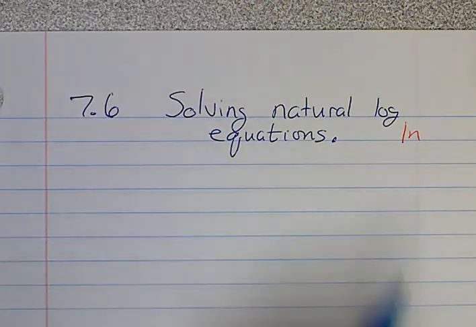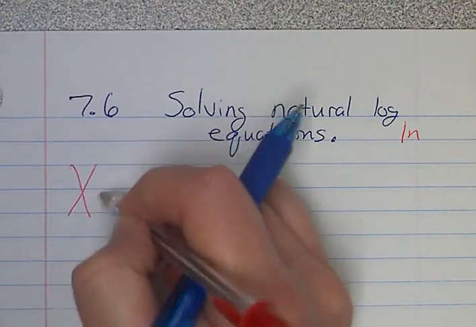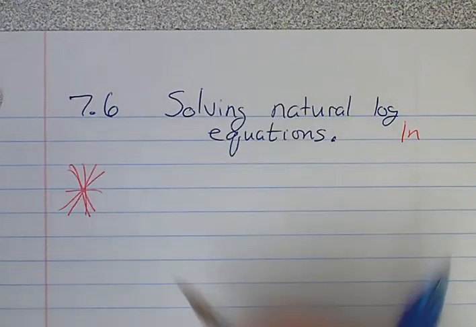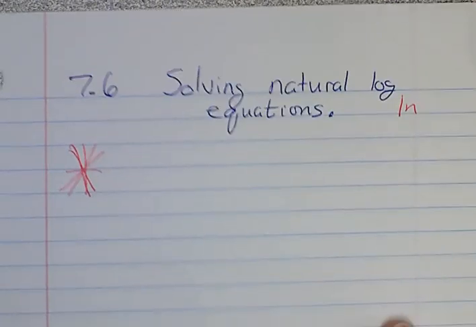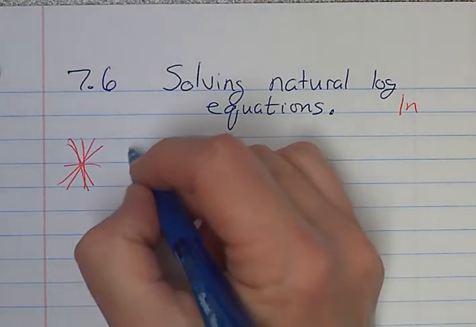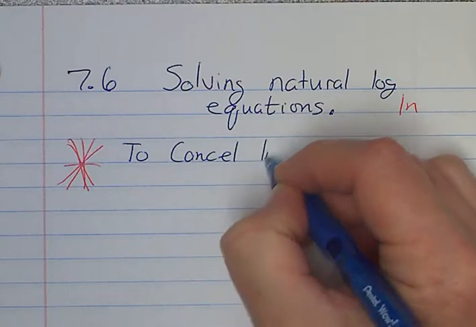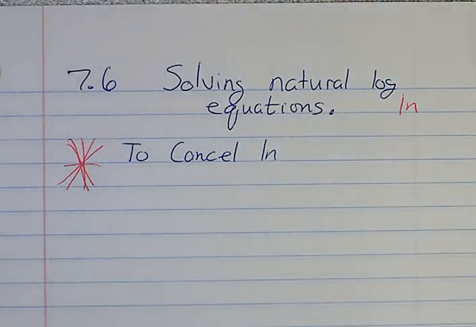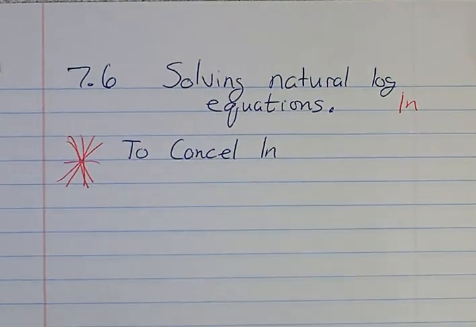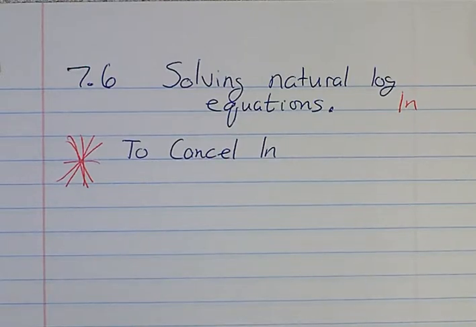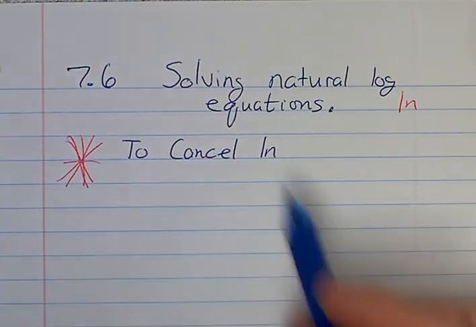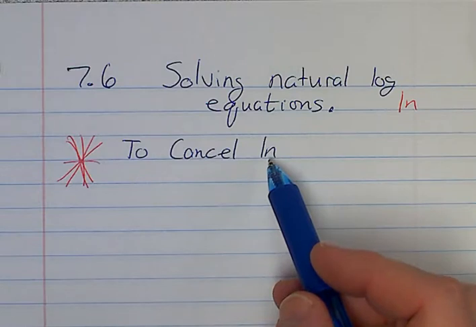Okay, now here's the one big thing that goes with this one. Actually, it's 2 things here. To cancel ln, because if we have an equation with ln, kind of like we had logs, you've got to get rid of the log part so that the log is gone. And ln is just the natural log, so it's kind of the same thing.